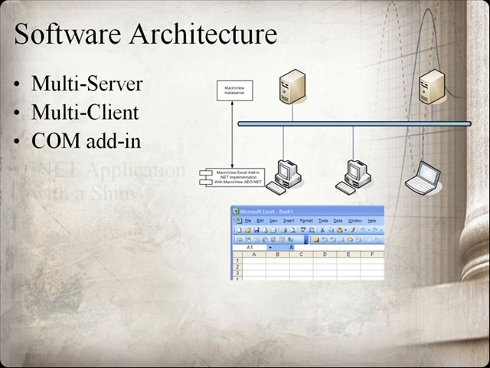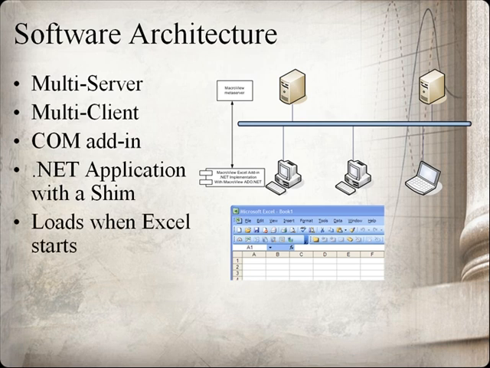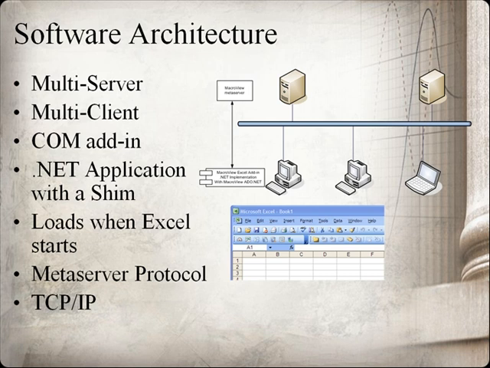That links to the existing Excel COM API. The add-in's a .NET application using ADO.NET for communication, and it wraps a COM interface into Excel. It loads when Excel starts and provides a toolbar with the MacroView functionality. We'll probably add a menu as well, but at this point in time it's just a toolbar. It communicates using the metaserver protocol between the clients and servers using TCP/IP.